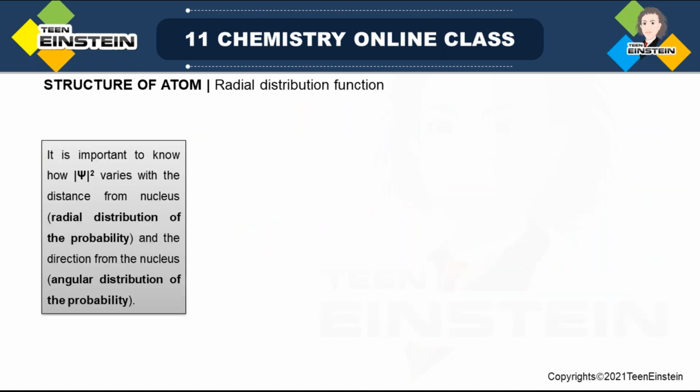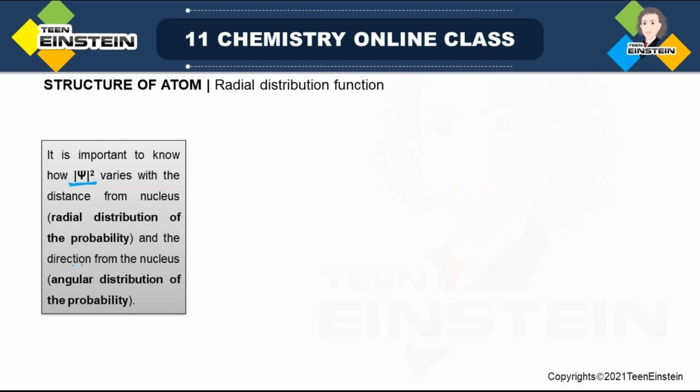So, the radial distribution function. It is important for us to know how this chi square varies with distance from the nucleus. Not only the variation with distance from the nucleus, but also what its direction from the nucleus is.